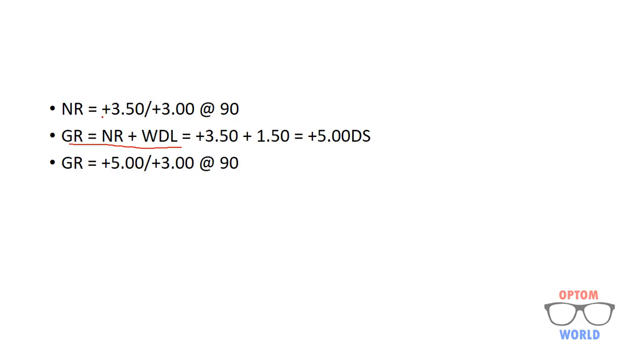Again you will consider only the spherical value. So the spherical value of net retinoscopic value is plus 3.50 plus working distance lens plus 1.50. I will get plus 5. So plus 5 will be the sphere of the gross retinoscopic value, and again cylinder and axis remain the same, plus 3 at 90 degree.